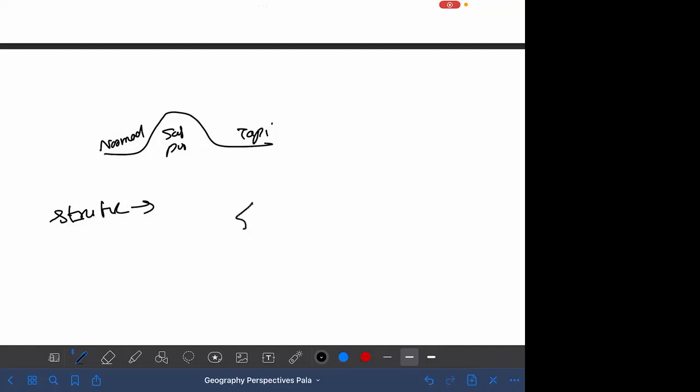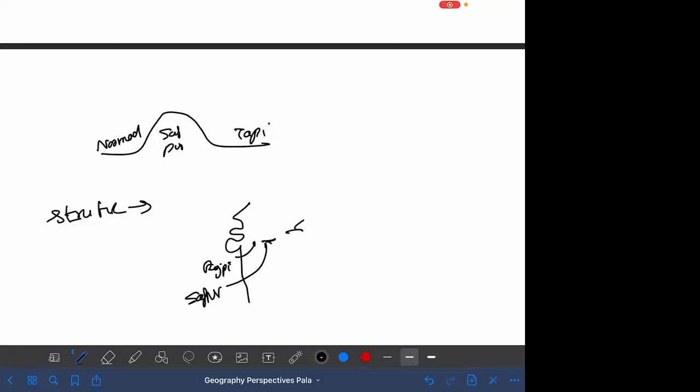Satpura is also characterized by dissection of the mountain range by different rivers. So you have the Rajpipla, you have the Mahadeo, the Maikal range, to the south you have the Gawilgarh ranges, and then you have the Amarkantak.